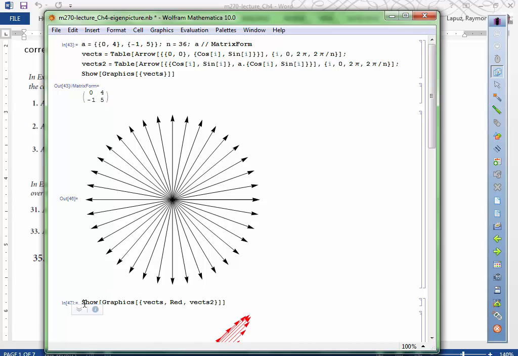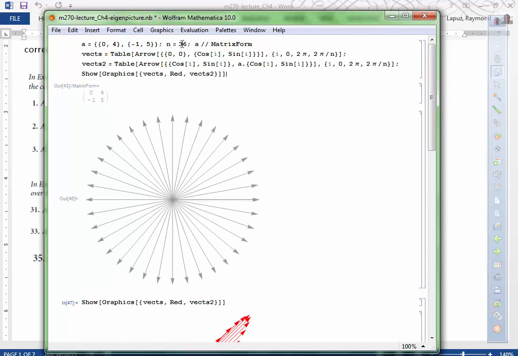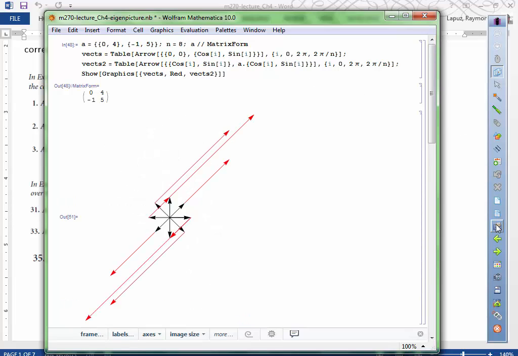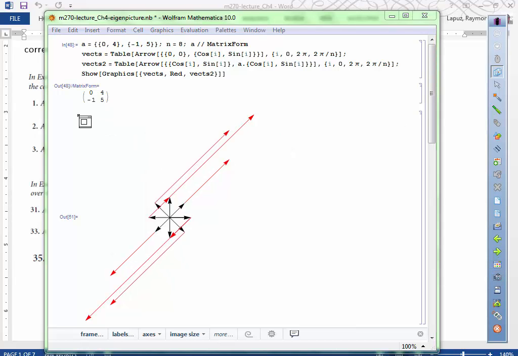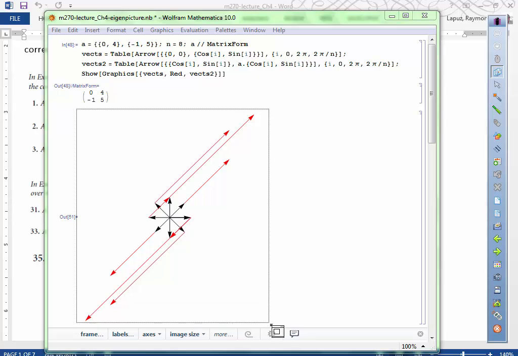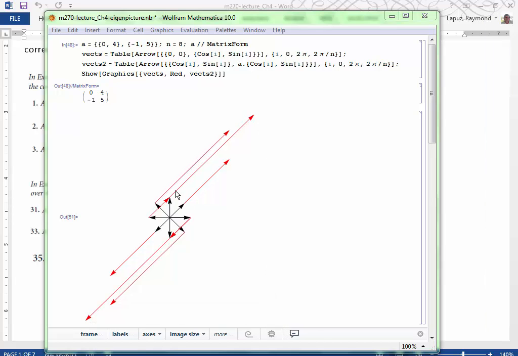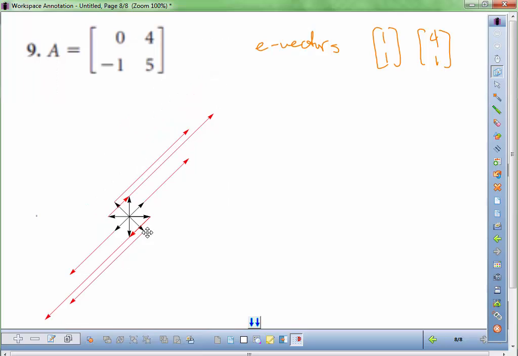Actually, I'm going to change my scheme here, and skip over this bunch of circles. So this is a nice telling picture that gives us one of the eigenvectors clearly.